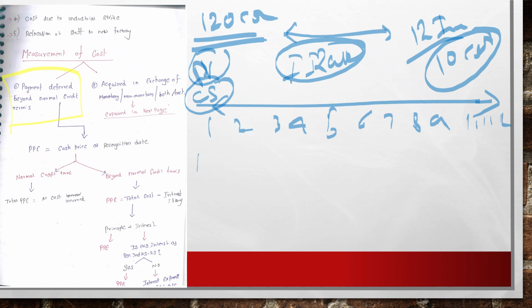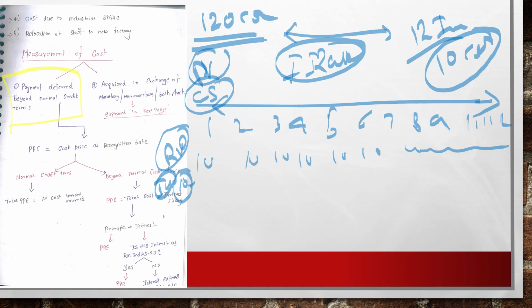In these 12 months, each month you need to pay 10 crores, and this is the repayment value, right? And what is the interest rate on this? The interest rate is 10%. Example.